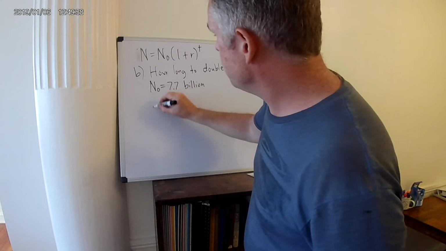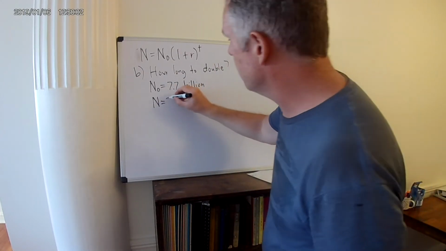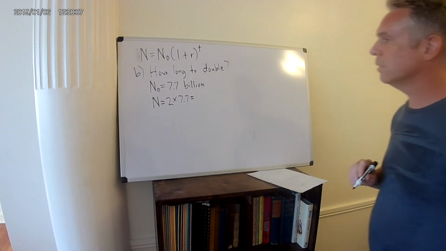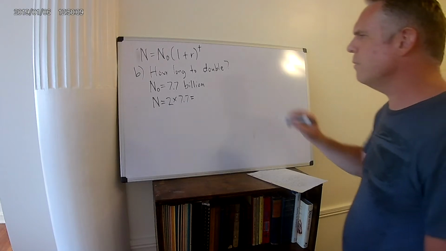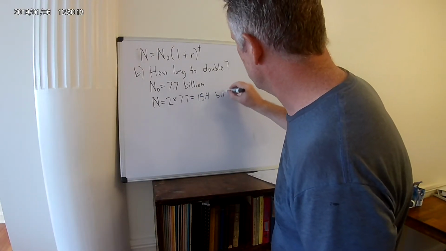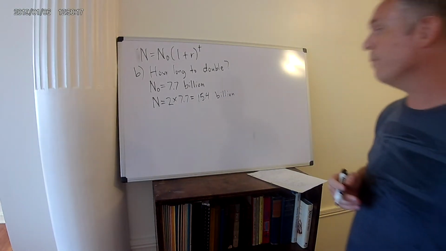So our future population in this case will be 2 times 7.7 billion, and that's going to be 15.4 billion. That's the world population when it has doubled from its present value.